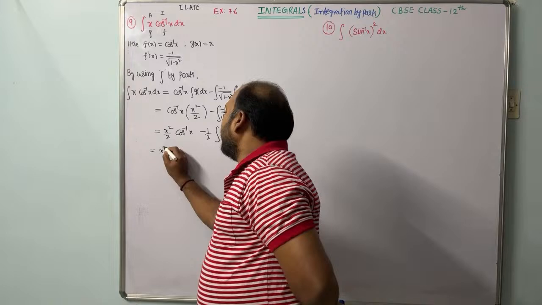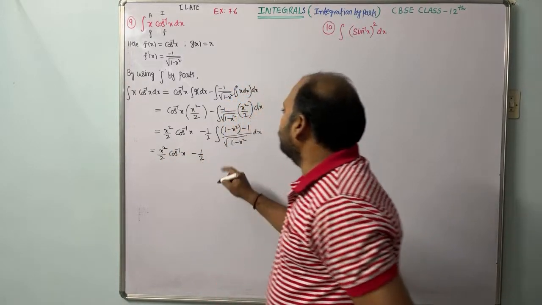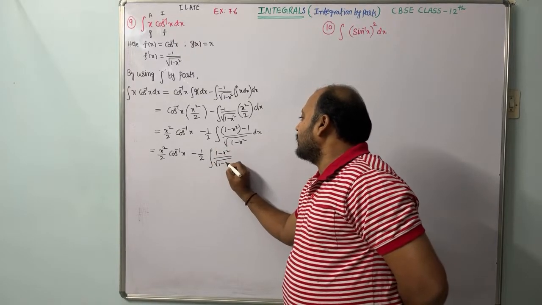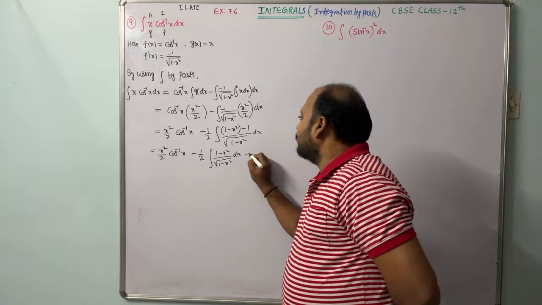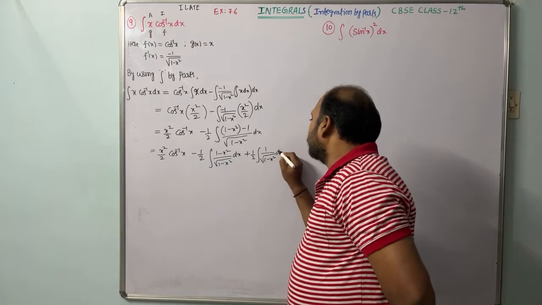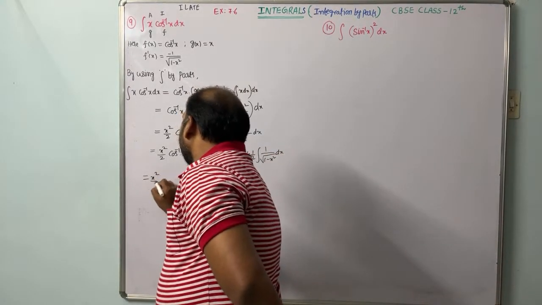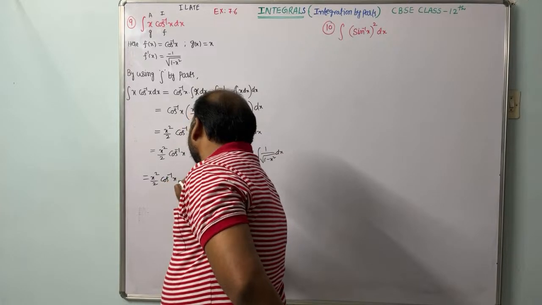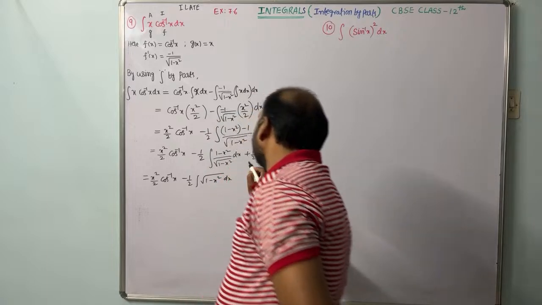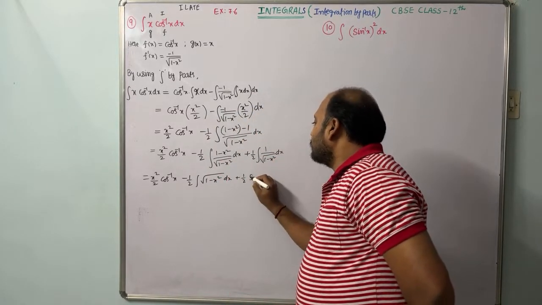So which is equal to x square by 2 into cos inverse x minus 1 by 2 into integral of (1 minus x square) by root of (1 minus x square) into dx plus 1 by 2 into integral 1 by root of (1 minus x square) into dx. So x square by 2 into cos inverse x minus 1 by 2 into integral root of (1 minus x square) into dx plus 1 by 2 into integral 1 by root of (1 minus x square), which is sin inverse x.